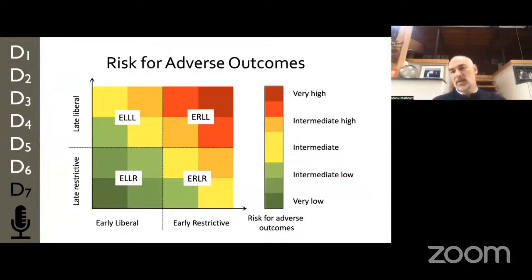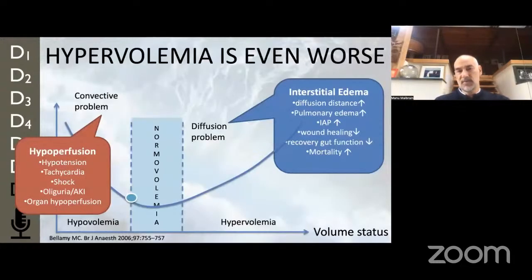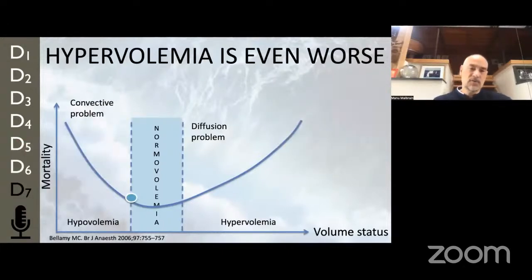And again, if we have this heat plot and look at the combination of early liberal and late restrictive, that may carry the best prognosis compared to if you give too little initially and then too much too late, which may have more adverse outcomes. Because I've said hypovolemia is bad, but hypervolemia may even be worse, because then you have interstitial edema and gut dysfunction, increased morbidity, mortality.